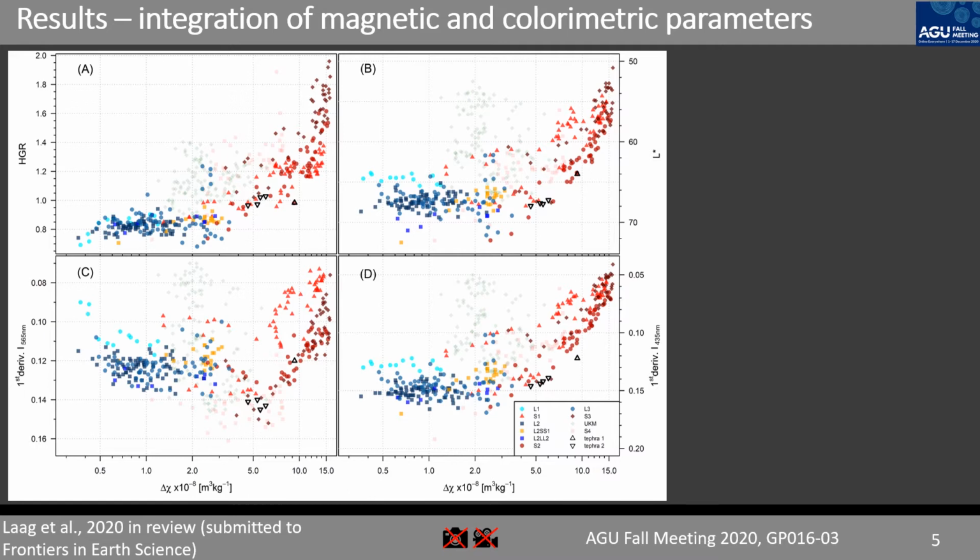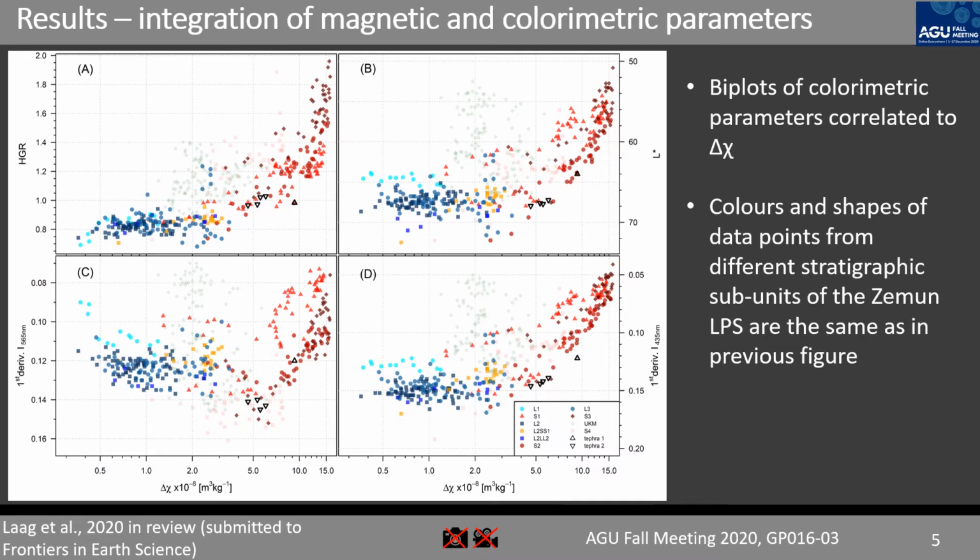What you can see in all 4 subplots is that loess units, which are indicated in bluish colors, are differentiable from paleosol samples. You can also see that the variation of the colorimetric parameters is very much increased in paleosol units.